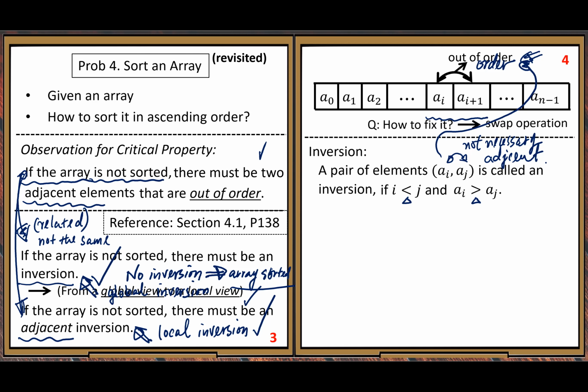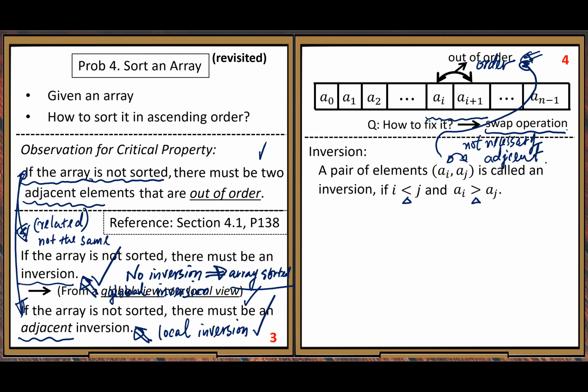Now how to fix it? Swap operation. You're familiar with the swap operation, right? Swap the values of these two elements. When you do one swap operation on one inversion, can you fix it? Then it won't be an inversion anymore, right? If a pair of elements form an inversion, after the swap operation there won't be an inversion.